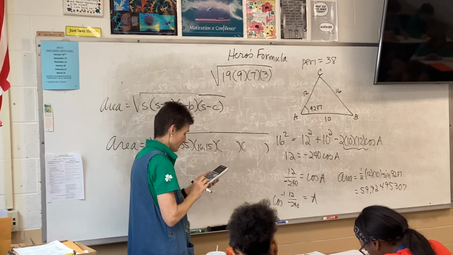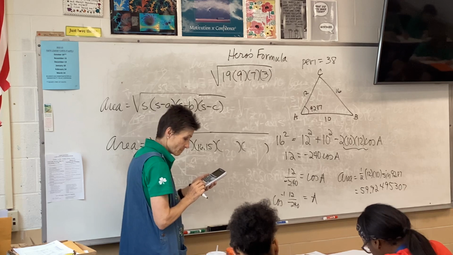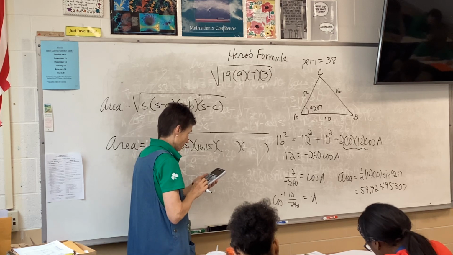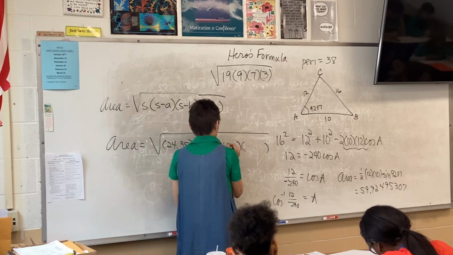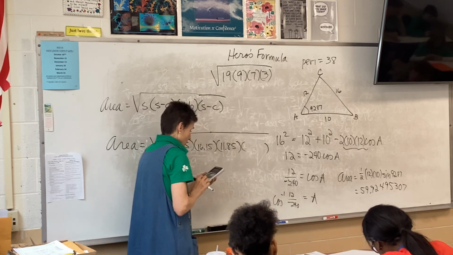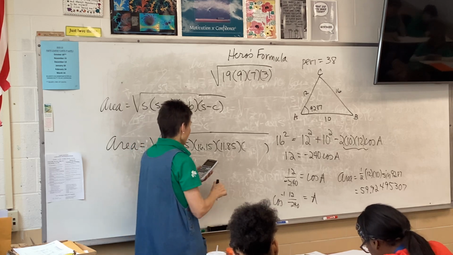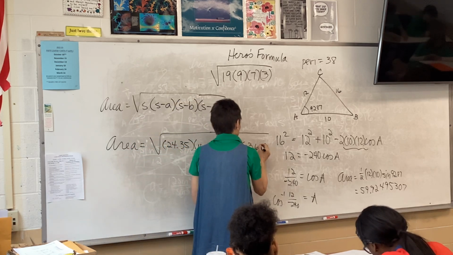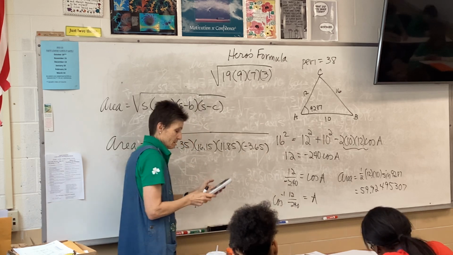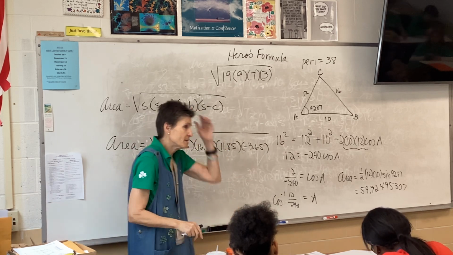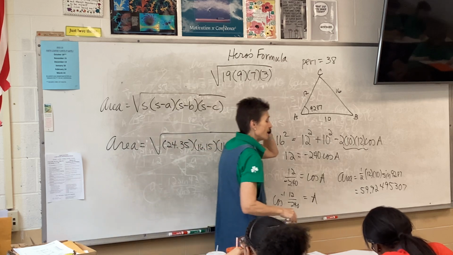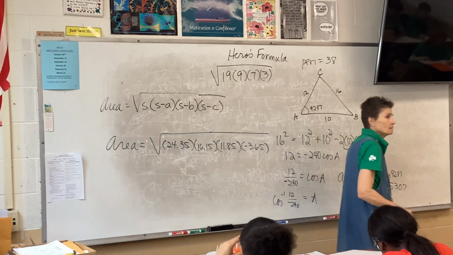I'm using my calculator, so I don't care about the decimals, it's all going to be fine. Well, maybe it's not all going to be fine. What happened? Tell me about this situation, guys. What the heck is going on?